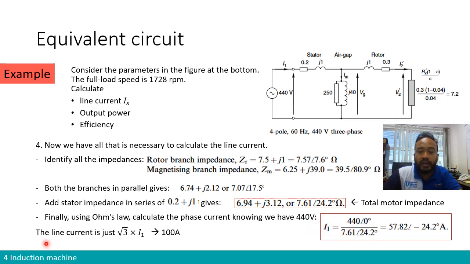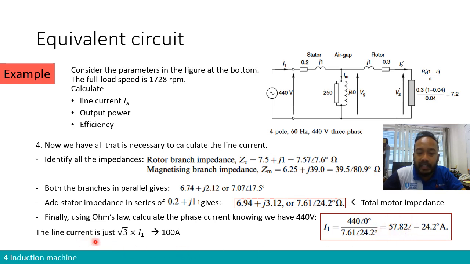In order to find the line current, what is the line current? We are not interested in the phase angle, because the phase in phase current or line current is going to be the same. The thing that is going to be different is the amplitude of the current. The amplitude of the phase current I1 is 57.82.